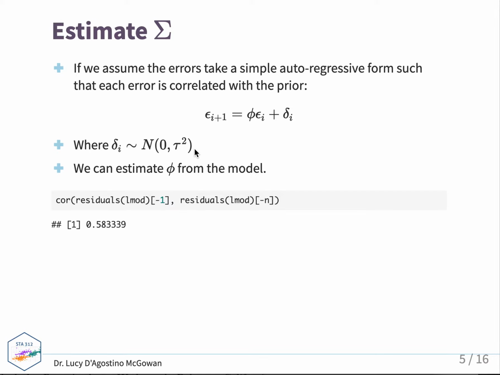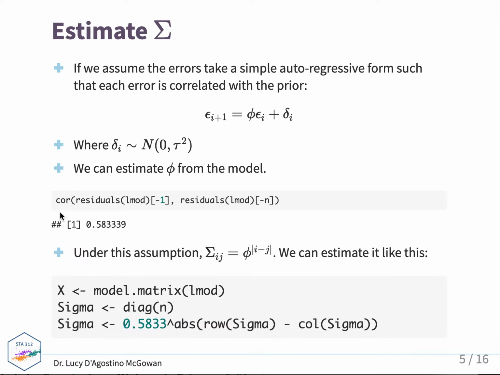And so we can estimate that phi from the model. That's going to be basically the correlation that we're estimating between the ith error and the ith plus 1 error. And that's exactly what we calculated here, this 0.58339. So this is what we estimate that phi is.